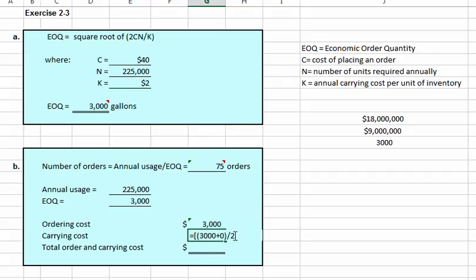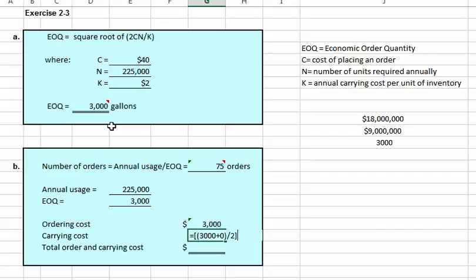That gives us the average number of gallons that we're holding in a given period of time. The average number of gallons would be half of your economic order quantity. Because on the day the order comes in, it'd be 3,000 gallons. On the day we run out of that order, it'd be 0. So the average number of gallons that we're holding on a given day would be 1,500.